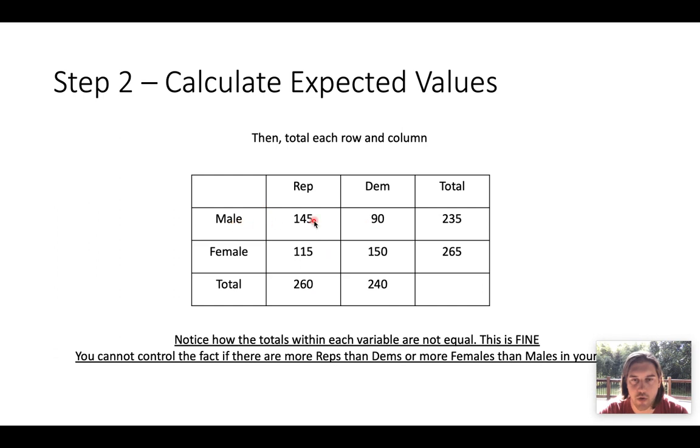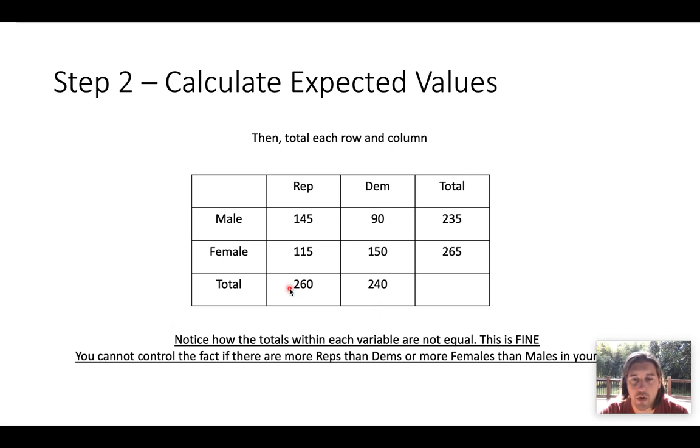So for men, 145 plus 90 means I had 235 men. 115 plus 150 means I had 265 women. 145 plus 115 means I had 260 Republicans. 90 plus 150 means I had 240 Democrats.